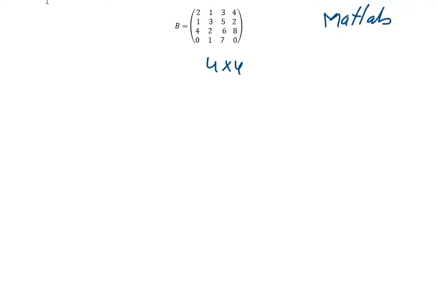So to get the determinant of B, we will need to compute the minors Mij and the cofactors. To get the minor of the first entry here, it will be M11, the minor of this 2 here. So we remove this row and this column.